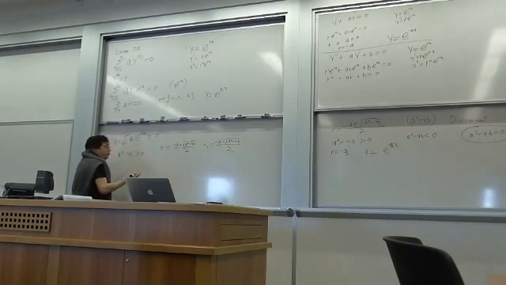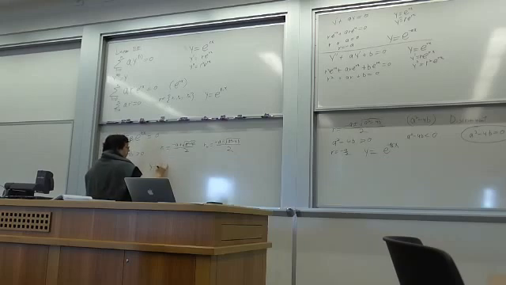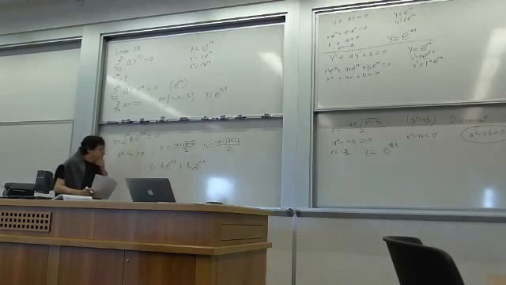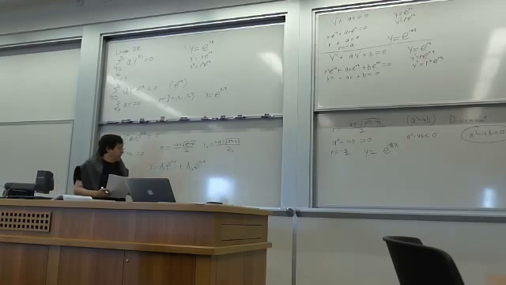My two solutions are with r1 and r2, so the general solution is just a1 e to the r1 x plus a2 e to the r2 x. Again, these being arbitrary constants, but r1 and r2 are fixed by what a and b are.